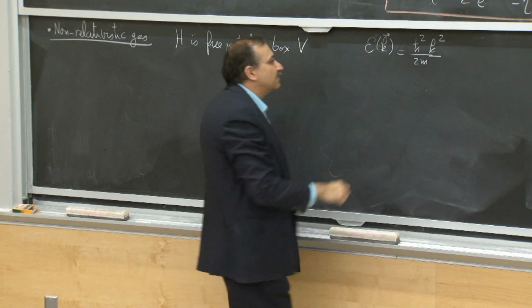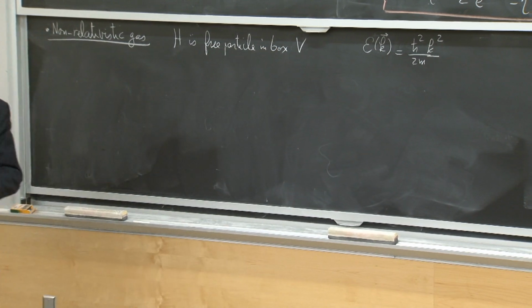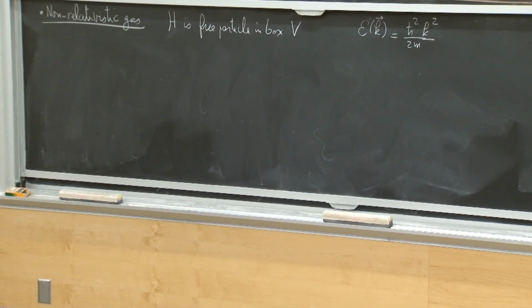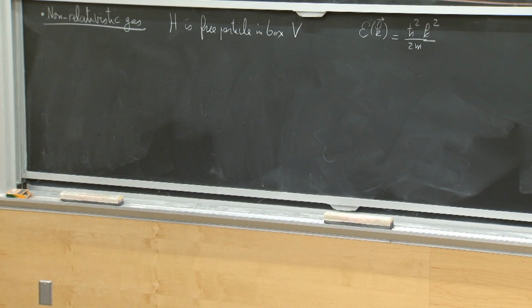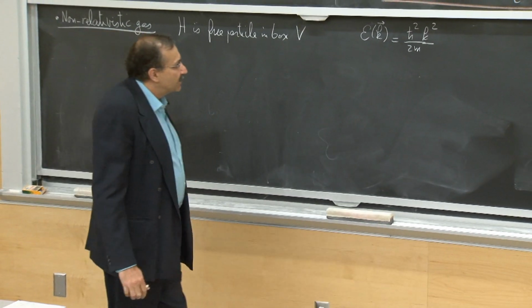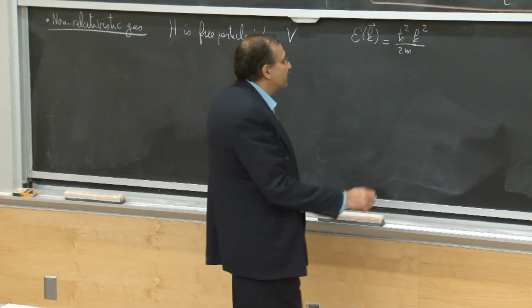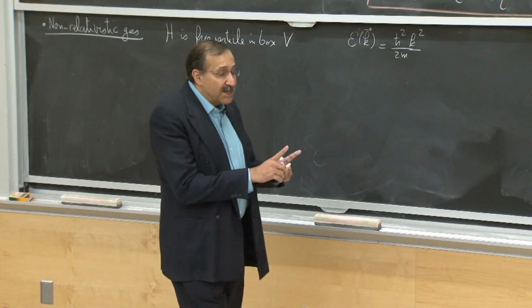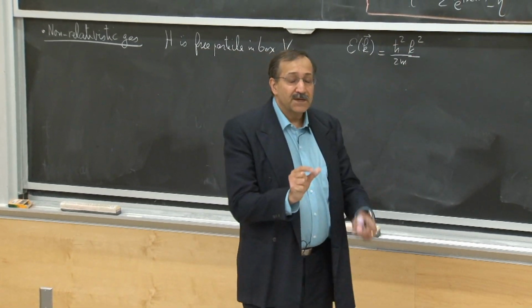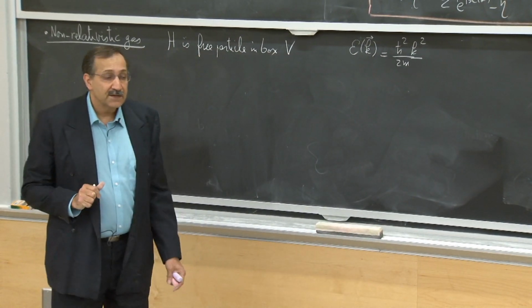And we've discussed what the discretization of k is appropriate to the size of a box. We won't go over that. So again, maybe it is important to mention that because of the discretization of the k values, the spacing between possible values of k are 2 pi over L in each direction.